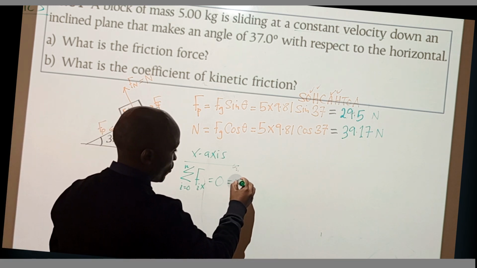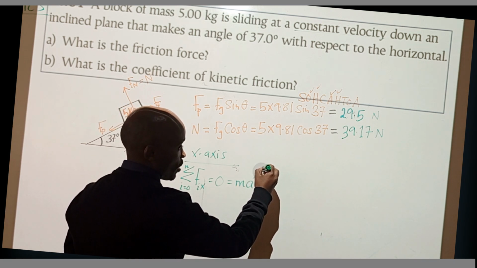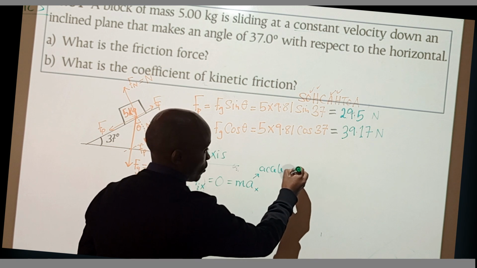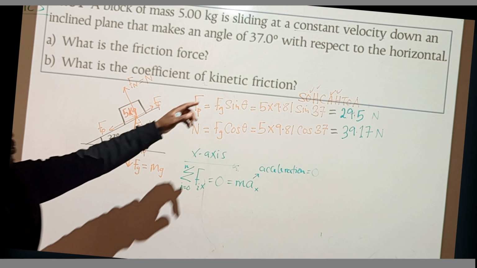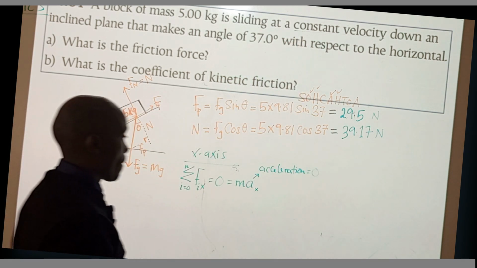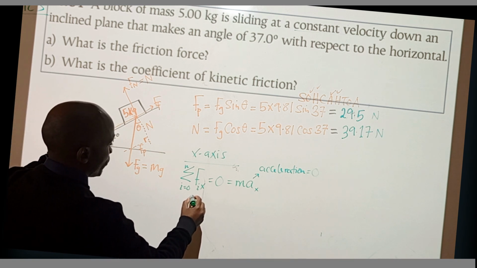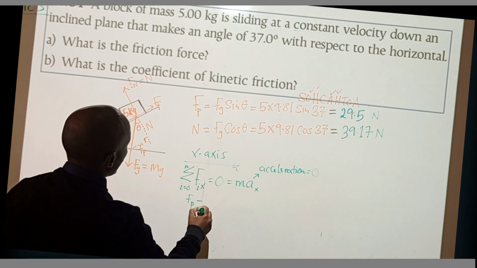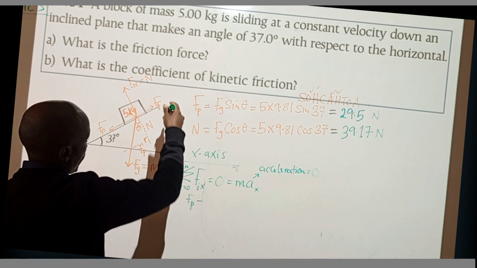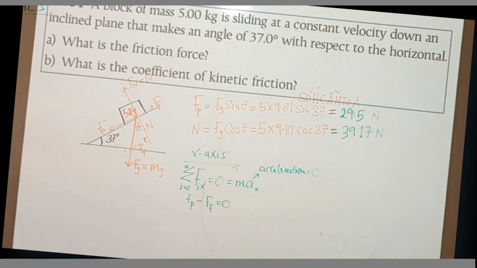In other words, we know it should be m times ax, but acceleration here is equal to 0, and we know that because of the constant velocity. With that, if I add my Fp and then add, on the negative side, the Ff, you should get 0. So that's all we have along the x-axis.